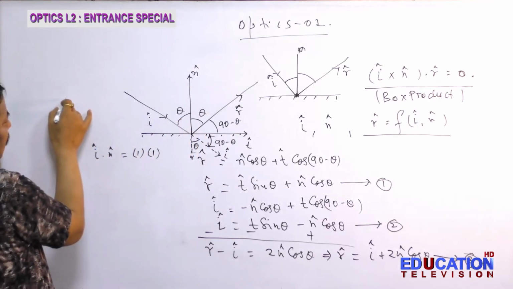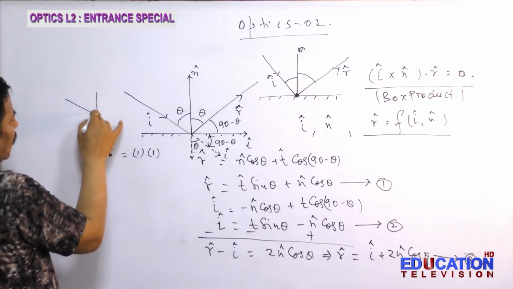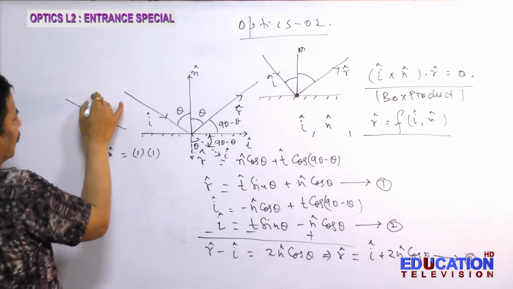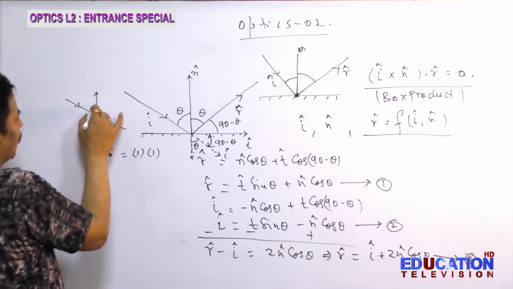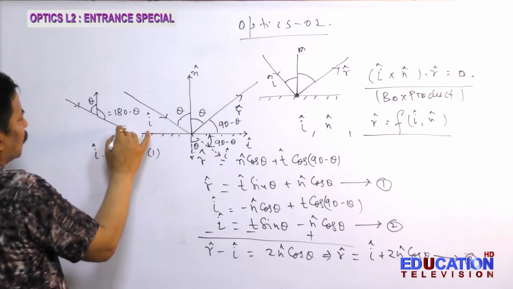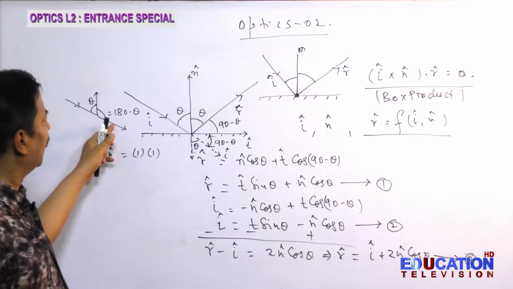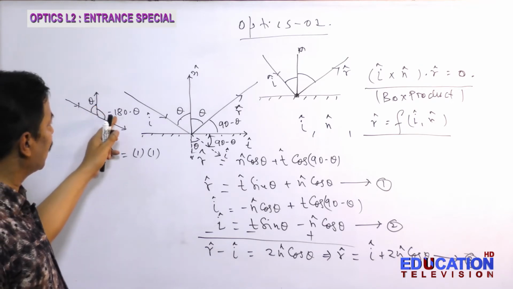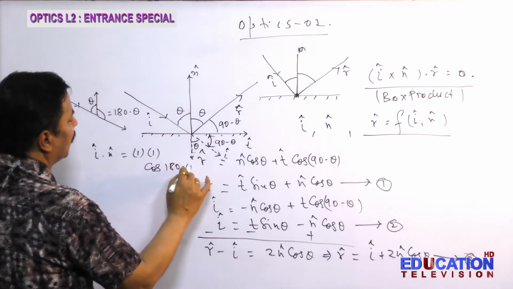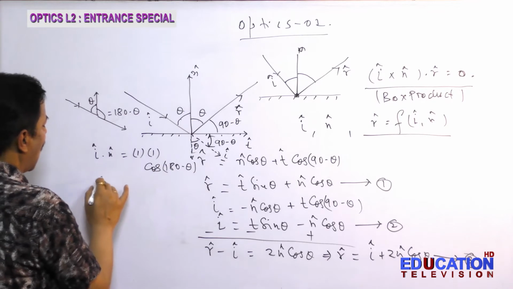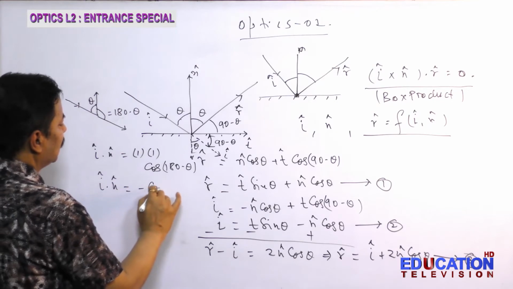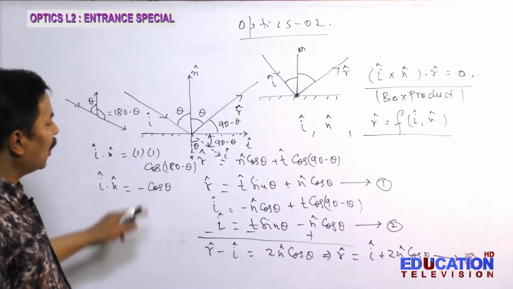Now you see, the angle between the vectors is this is theta, and this is 180 minus theta. So the angle between the vectors is the angle between the tails. So this is not theta, this theta should be there. So cos 180 minus theta, that is I dot n is equal to minus cos theta. So we have got minus cos theta.